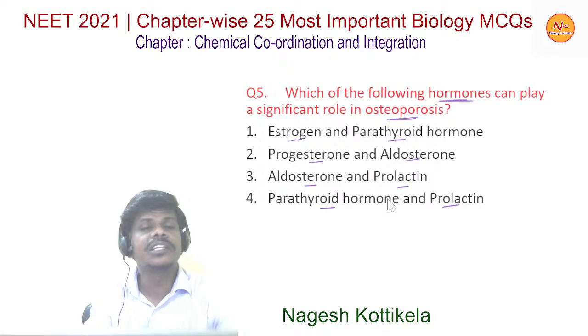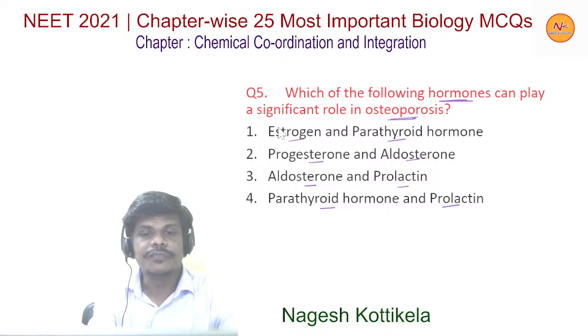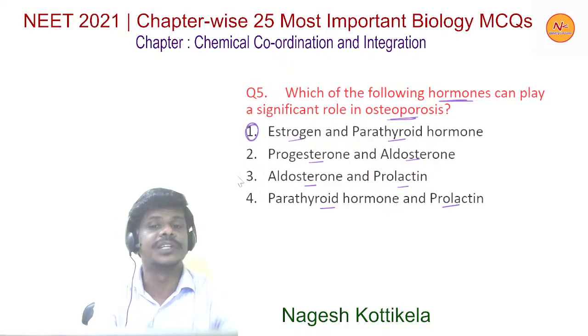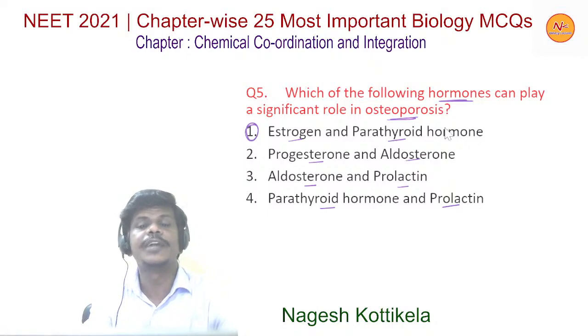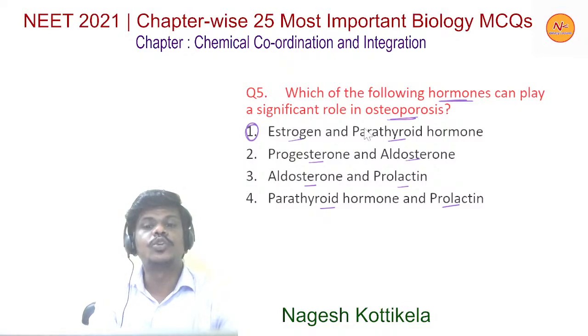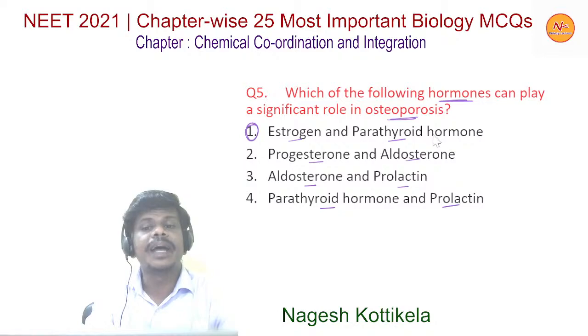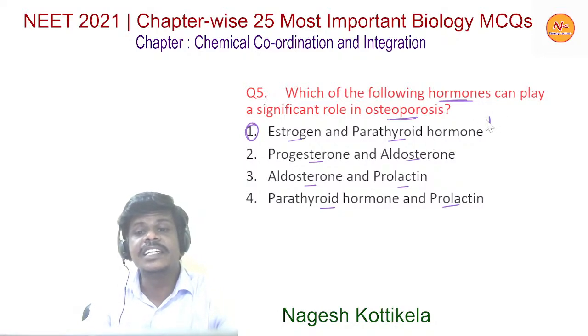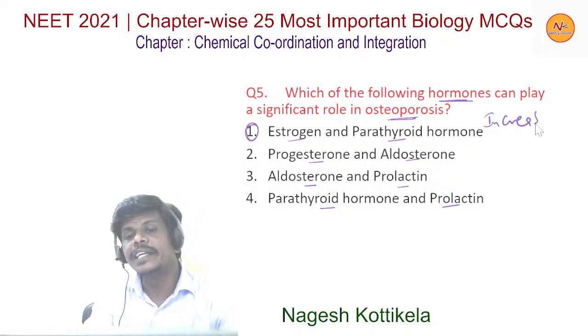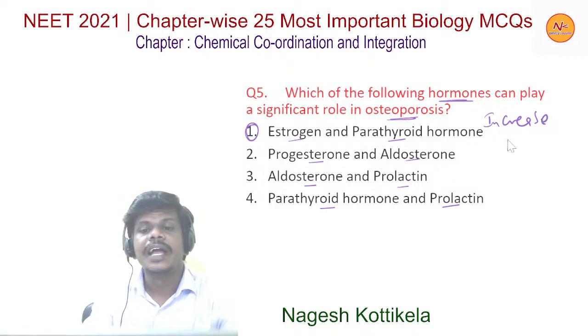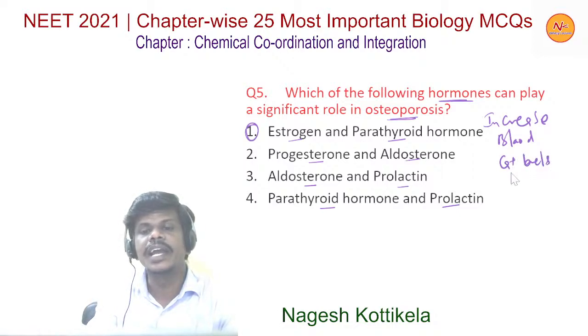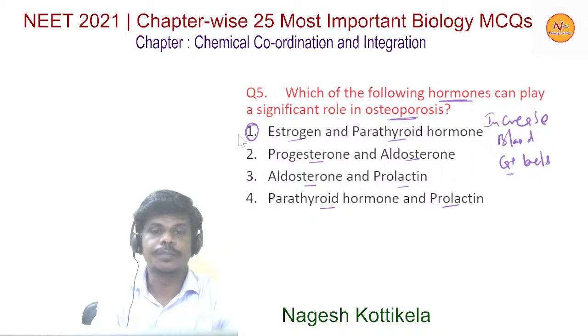And here among the given options, the first option is the right option. Estrogen and parathyroid hormones can play a significant role in osteoporosis. Okay, and actually parathyroid hormone is increasing blood calcium levels. Okay, so this is the right option, first option.